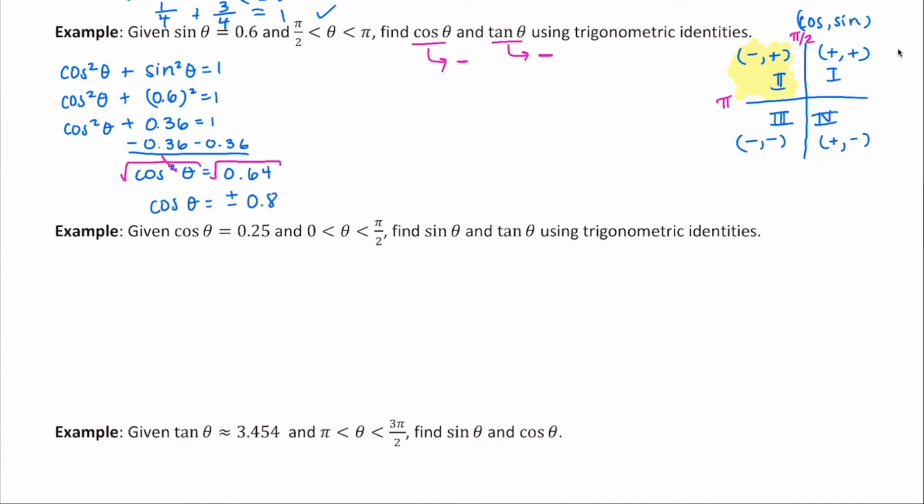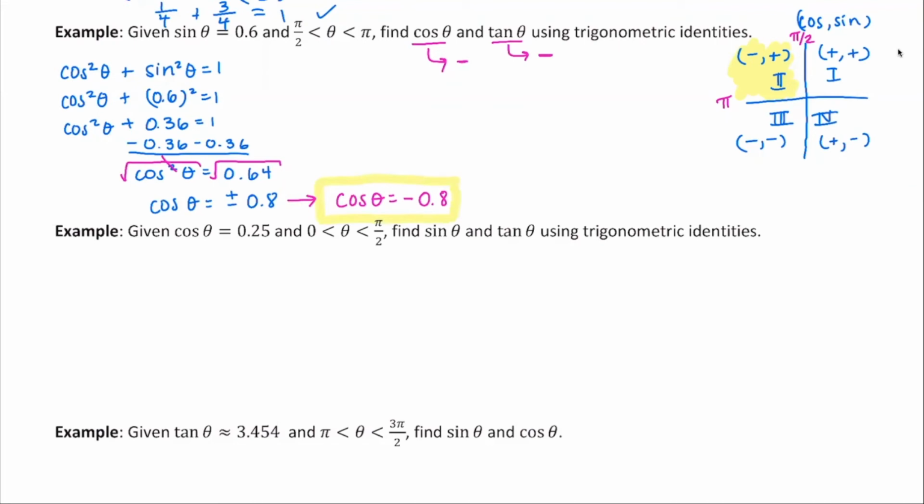Remember, whenever we're taking the square root in an equation, we have a positive and negative solution. So we go back to this quadrant and ask, is cosine positive? Is it negative? We already decided that cosine is going to be negative. So our answer here would be negative 0.8. That would be our answer for cosine.